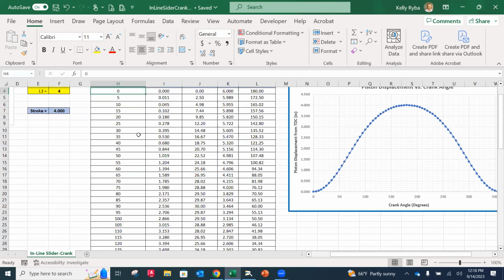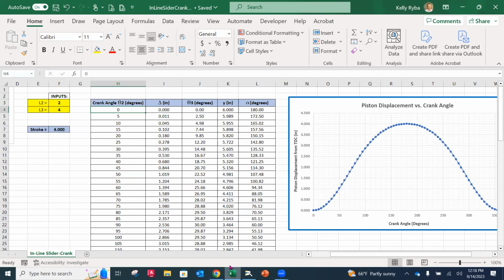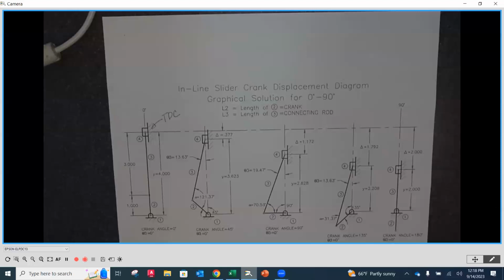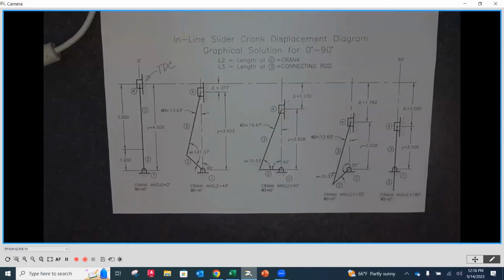So you can imagine if you were to draw each one of these each time, which if you take kinematics with me next term, fall 2, you get to do it a couple times. But every 5 degrees, that would be crazy town.